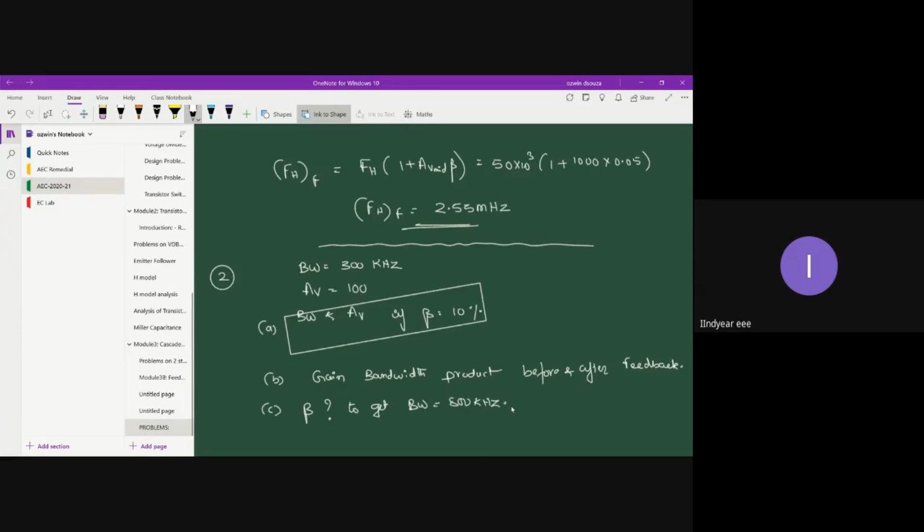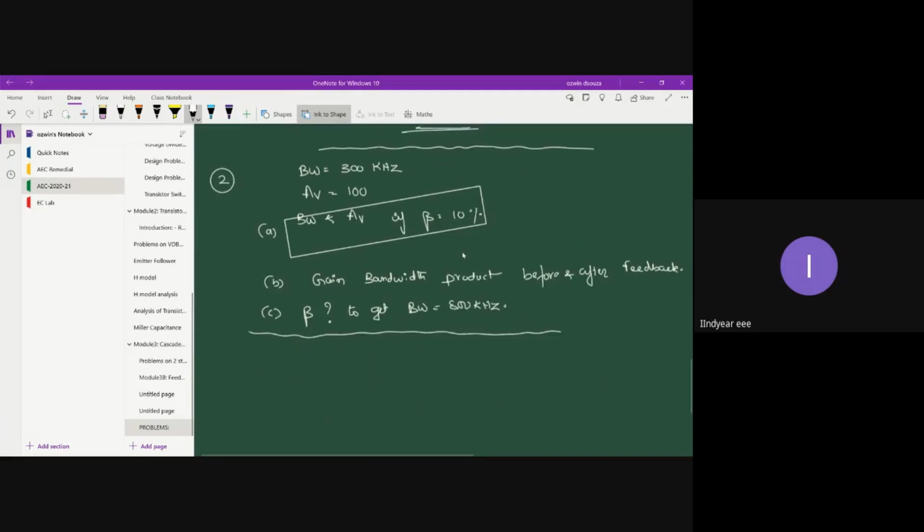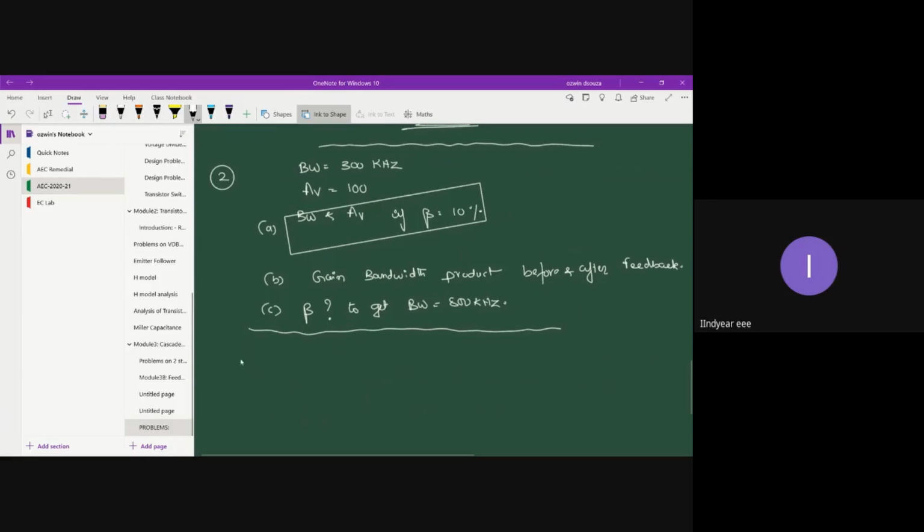So there are 3 parts. In the first part, you need to determine the bandwidth and gain if a 10% feedback is introduced. Let us look at the first part.